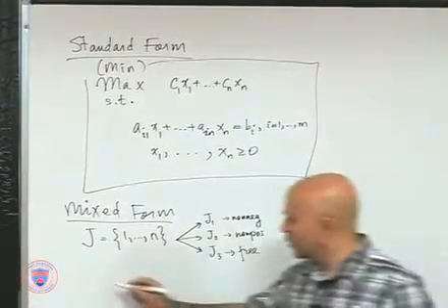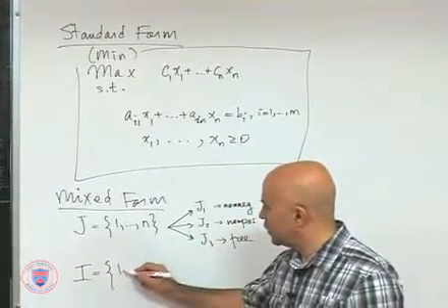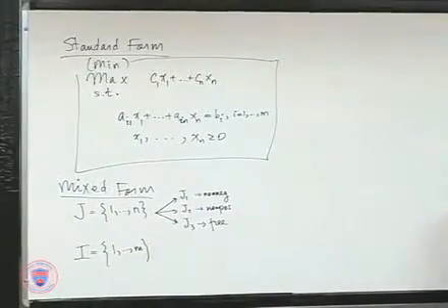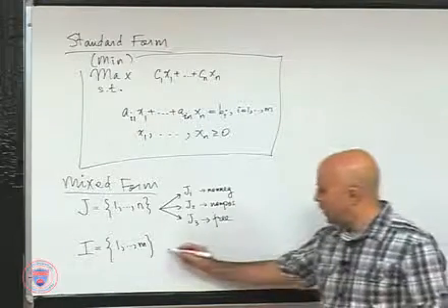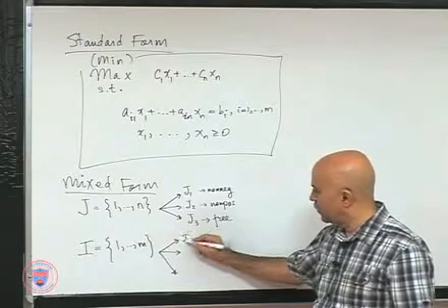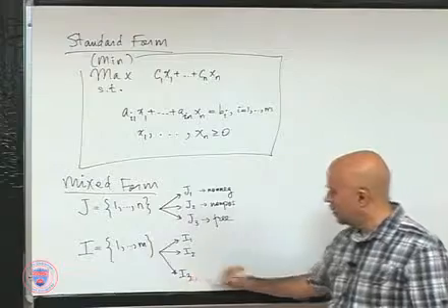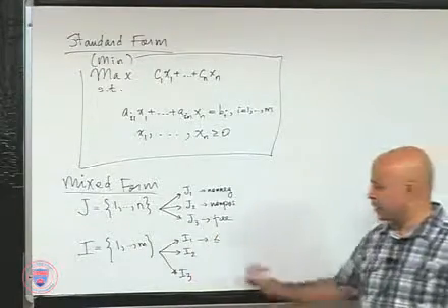Let's also distinguish the functional constraints. 1 through m is your set of indices for your functional constraints. And we partition this into, say, subsets I1, I2, and I3, where I1 refers to less or equal type constraints.